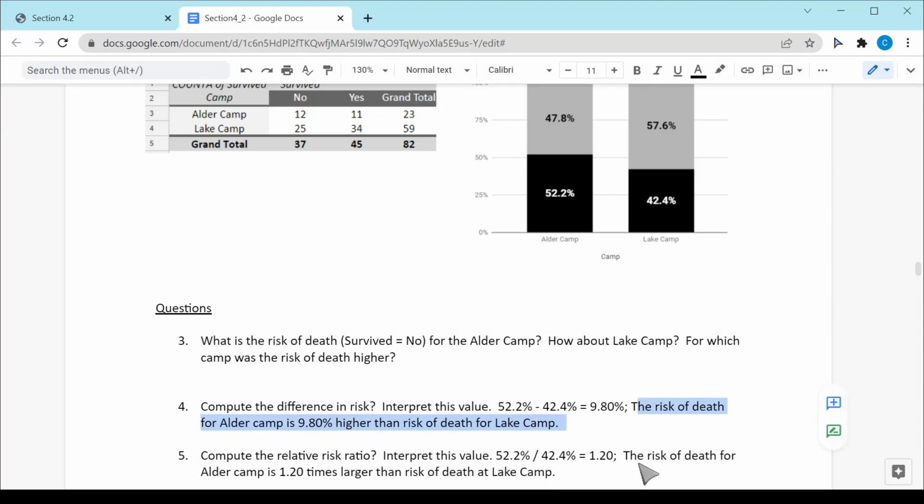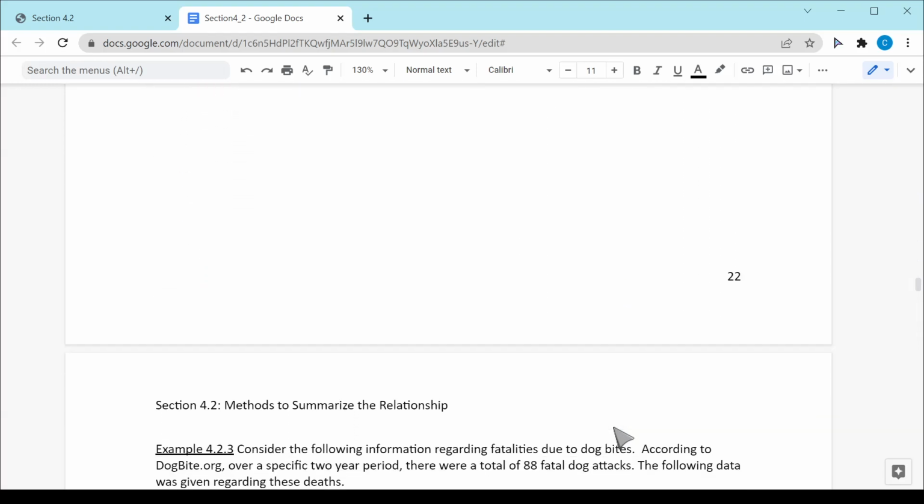Okay, so that's the two interpretations of those, and those are both equally good methods of describing the differences between the risk of death at these two locations. All right, let's move on to the next example then.